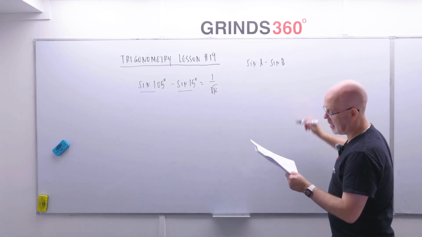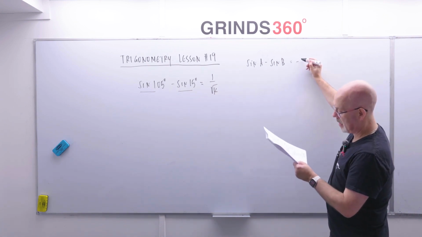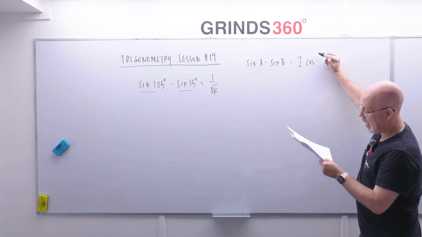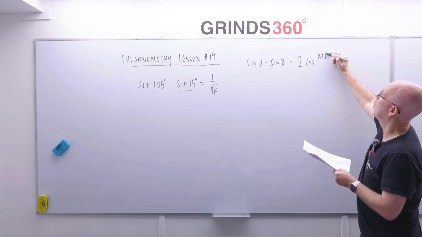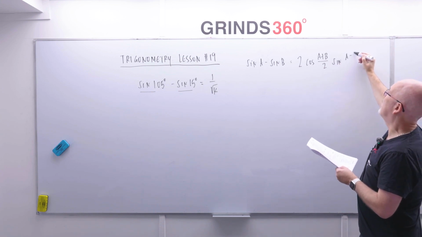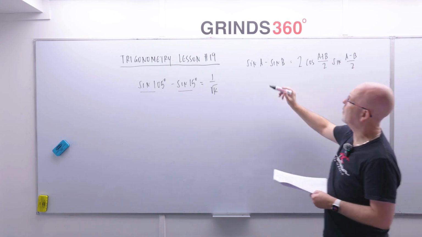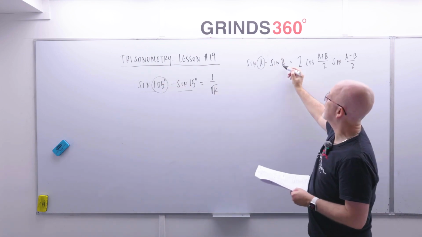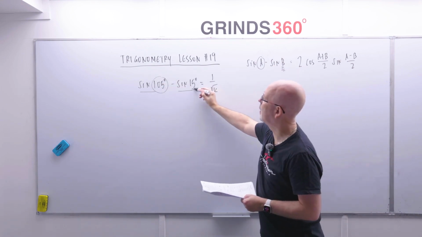So sine A minus sine B is written as 2 times cosine of A plus B over 2, times sine of A minus B over 2. So you can see in this formula here, I'm going to replace A with 105, and I'm going to replace B with 15.